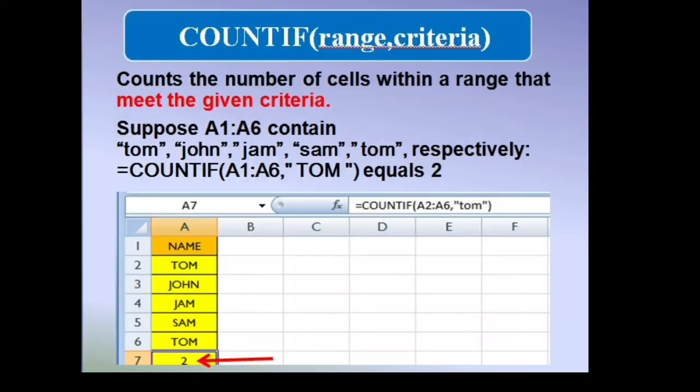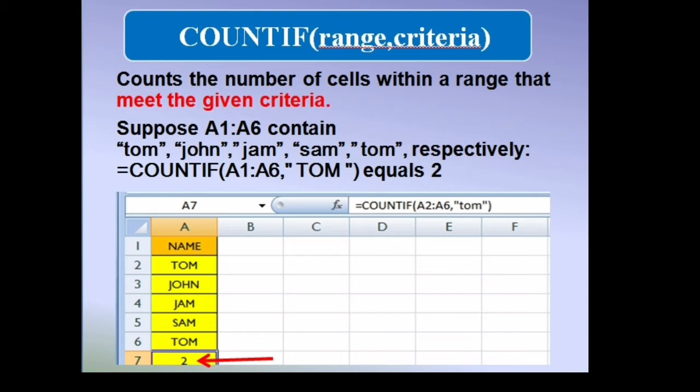Countif function. This function will count the number of cells within a range that meet the given criteria. So this function will work on the basis of criteria.